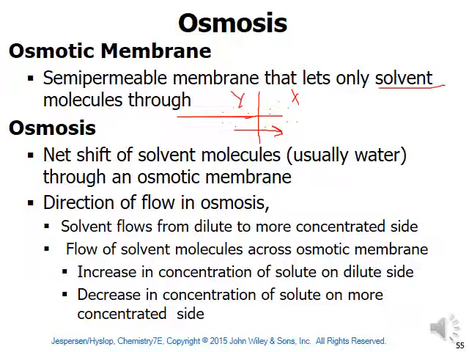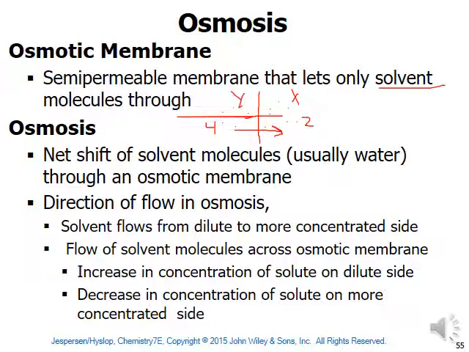So now the water can move from one side to the other. What's going to happen is water is always going to move to the side that has less relative water. So let's say on this side you have 2 molar sodium chloride, and over here is 4 molar sodium chloride.